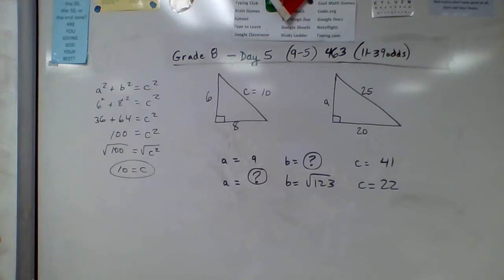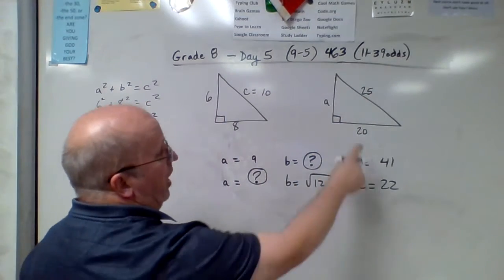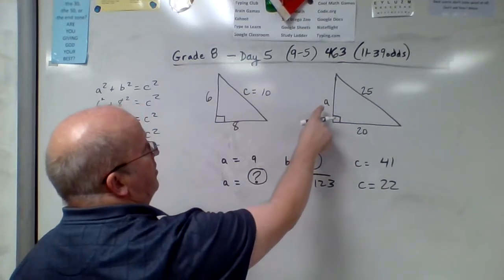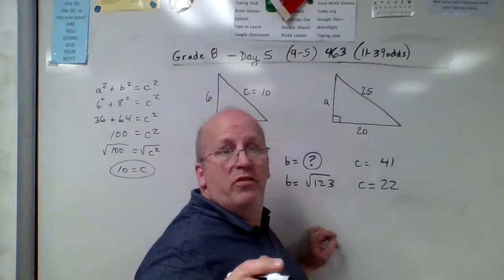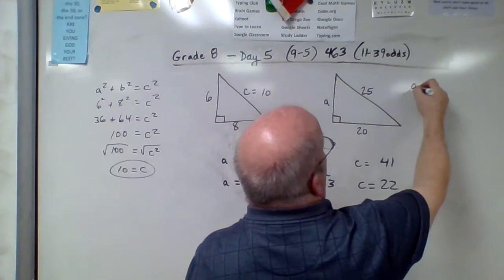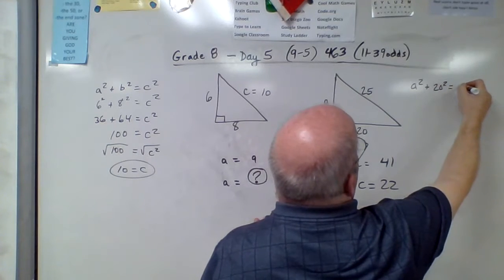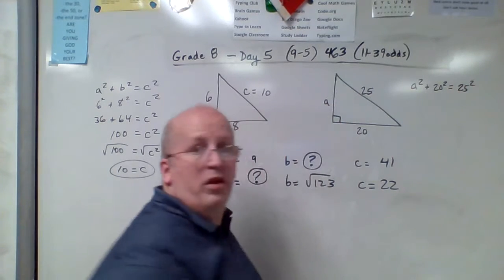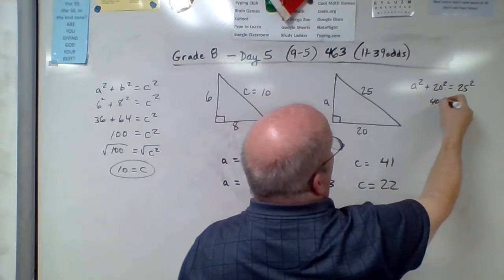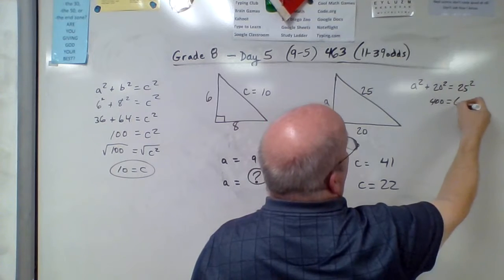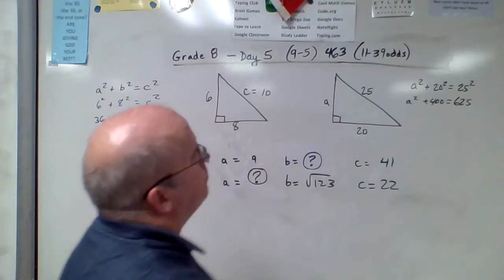What about a problem in which we're given the c value, 25, and we're given the b value, 20, but we're not given the a value? Well, same type of problem. Let's see, is this going to fit on the board? Hopefully it will. A squared plus b squared, which is 20 squared, equals c squared, which in this case is 25 squared. Does that fit? Yes, it looks like it does. 20 squared is 400. 25 squared is 625, and a squared is still a squared.